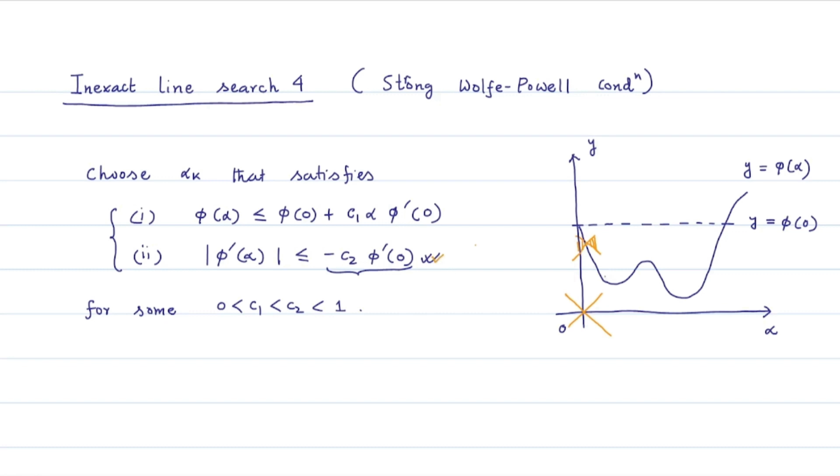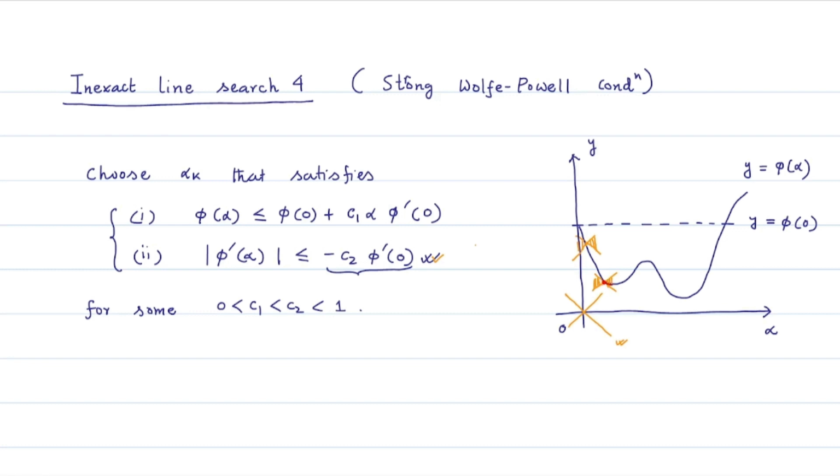When we are at this point where the tangent is parallel to this line, the graph of the function y equals phi alpha is still not lying in between these two shaded portions, but immediately after this point we see that the graph of the function lies in between these two shaded portions.